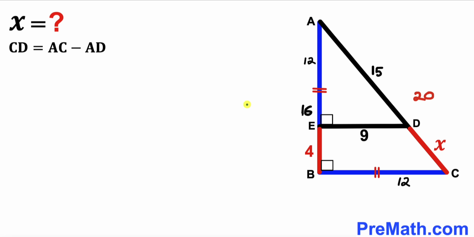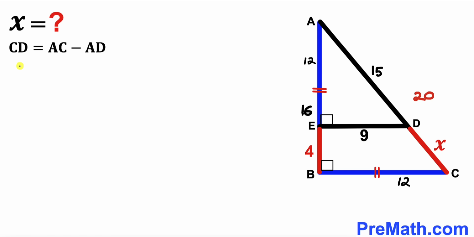And here's our final step. Let's make an observation. CD length is equal to the whole AC length minus the segment AD length. So CD equals AC minus AD. CD length is represented by x, AC length is 20, and AD length is 15.